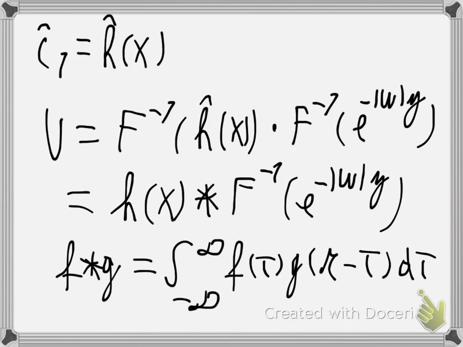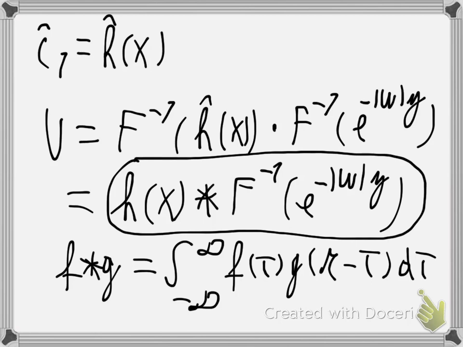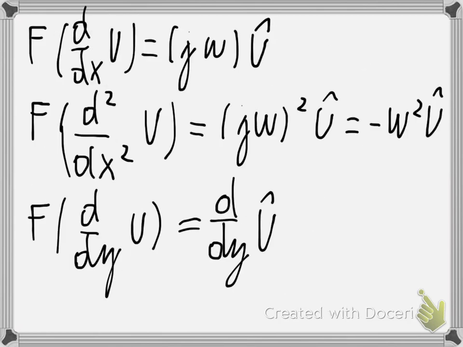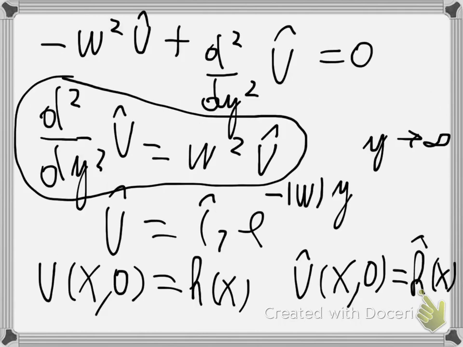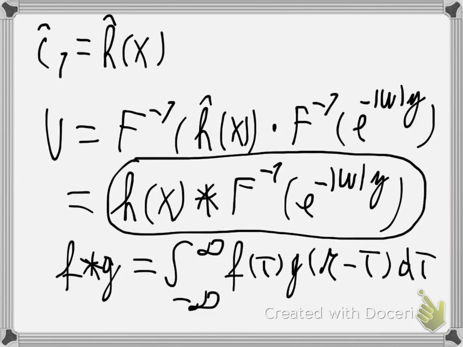But you can leave it in this form, it's okay, and that will be our solution. So what you need to do is note these rules for the derivatives. If you apply the Fourier transform to the derivative of a function, you can apply these rules, then solve algebraically, and then do your inverse Fourier transform, and so you can solve your differential equation.